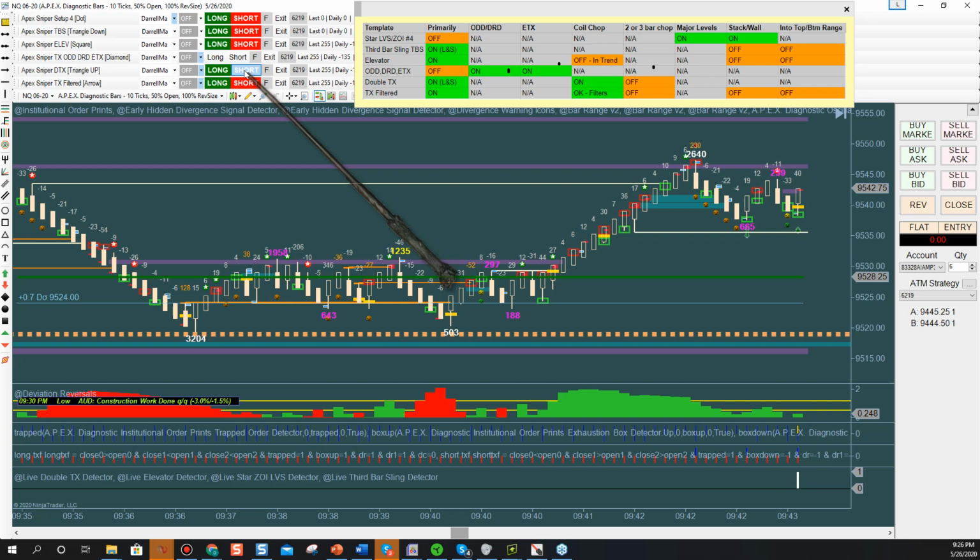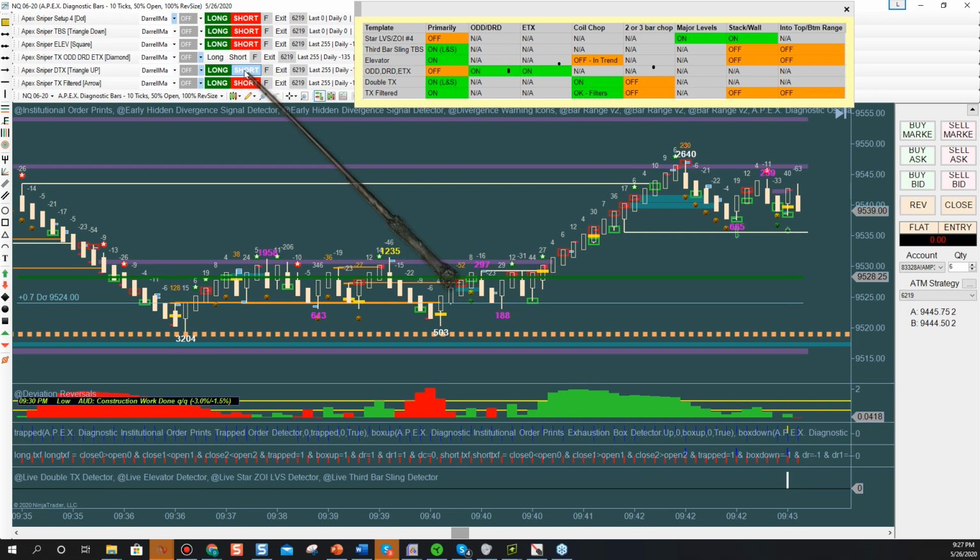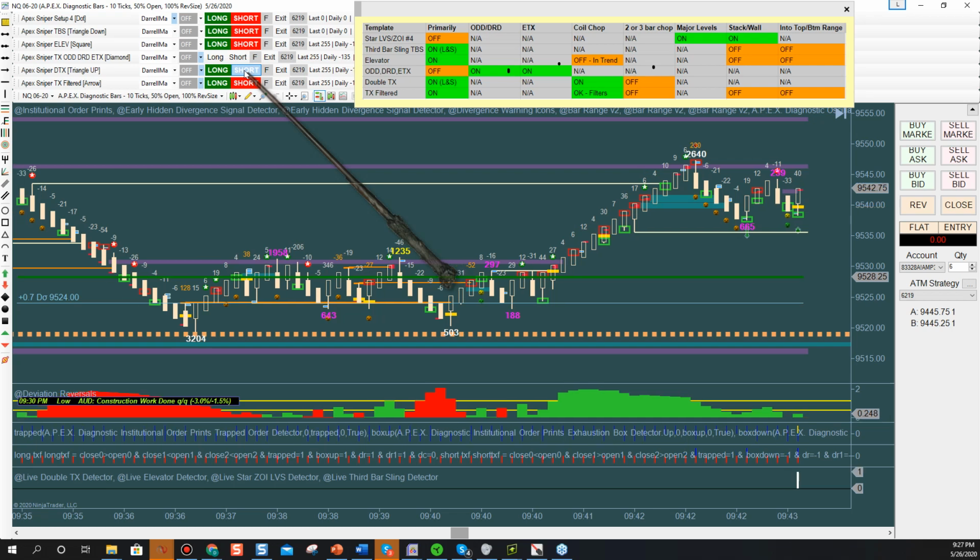All right, so we got another long right here. We also got a double TX. I'm waiting to let y'all see it first. Okay, so we do have 3 bars, 2 bars.